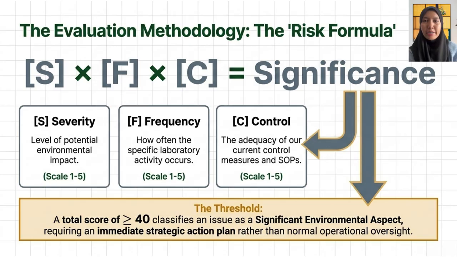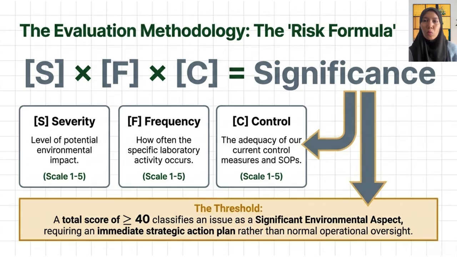To determine the significance of environmental aspects, we apply a risk assessment methodology using the formula: significance equals severity multiplied by frequency multiplied by control. Severity represents the level of environmental impact, frequency indicates how often the activity occurs, and control evaluates the effectiveness of existing control measures and standard operating procedures. Each criterion was scored on a scale from 1 to 5.